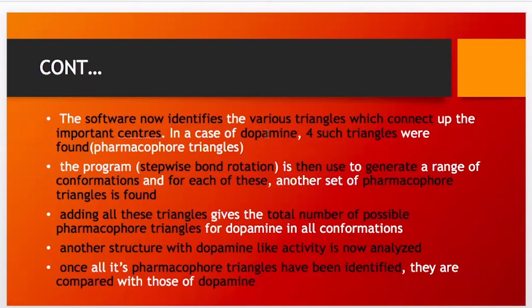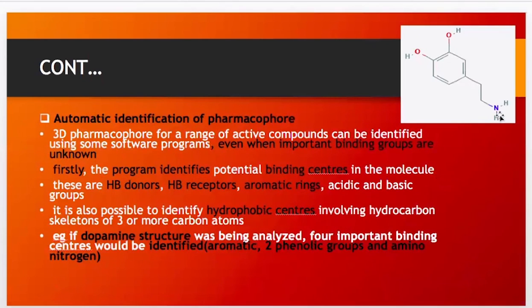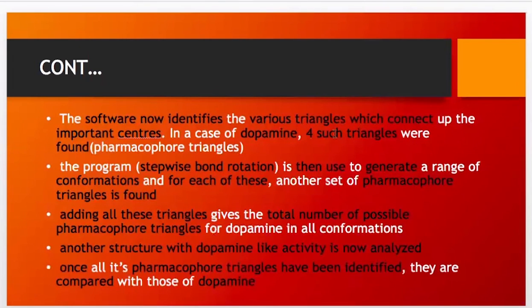For dopamine, we said that it has 2 phenolic groups, an amino group, and an aromatic ring. So with dopamine, you find that about 4 triangles are going to be identified. That is, each possible binding center will produce a triangle.